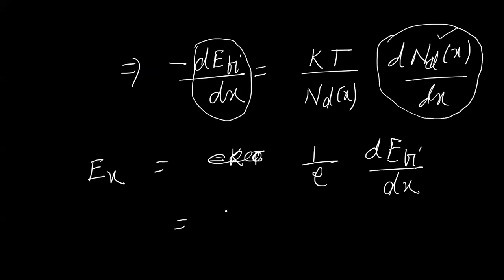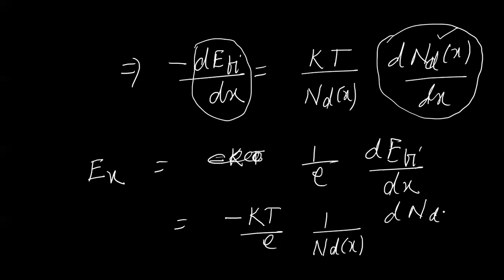So we can write minus kT by E, and then 1 by Ndx, and then dNd by dx. So this is our one-dimensional electric field.